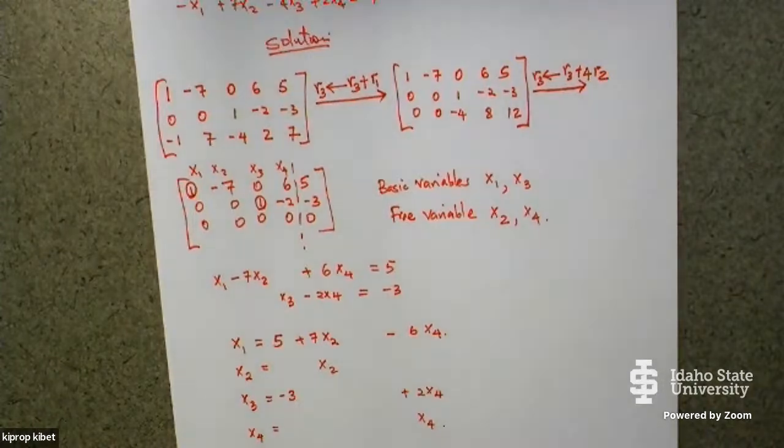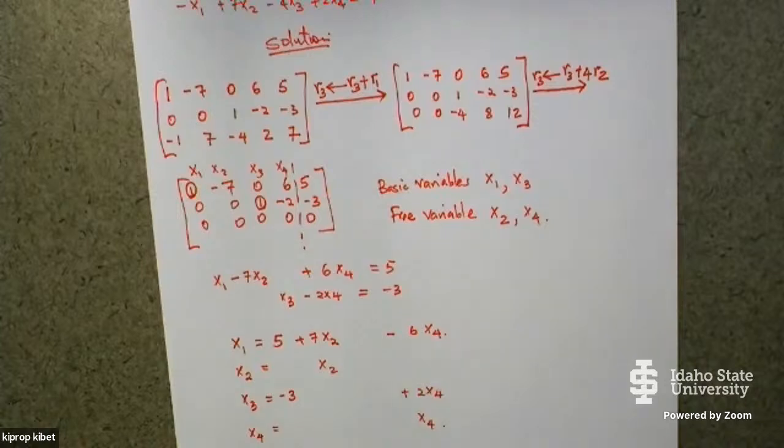So to get the values of x1, x2, x3, and x4, we can put anything for x2 and x4, because x2 and x4 are free. So we can say x2 can be 0 and x4 can be 0, or x2 can be 1 and x4 can be 1.